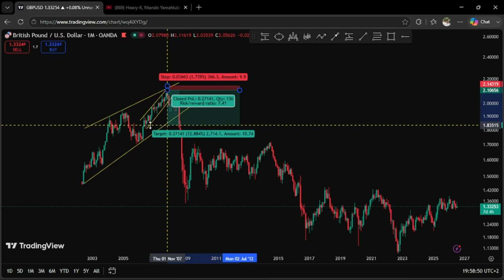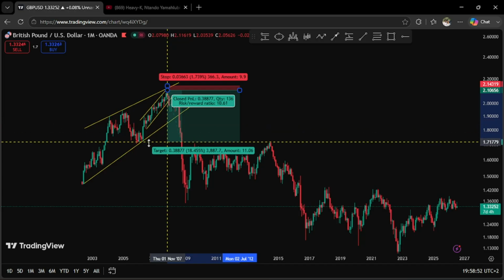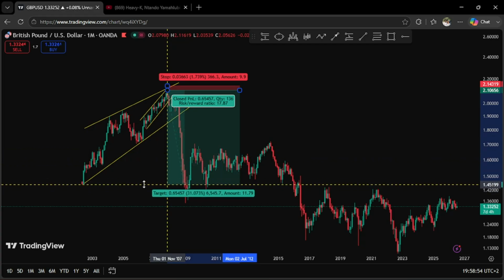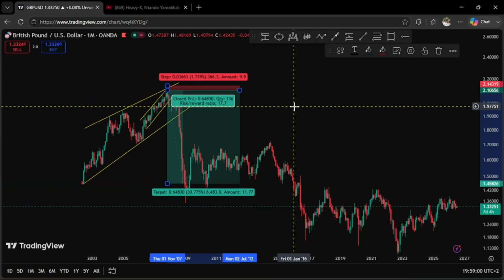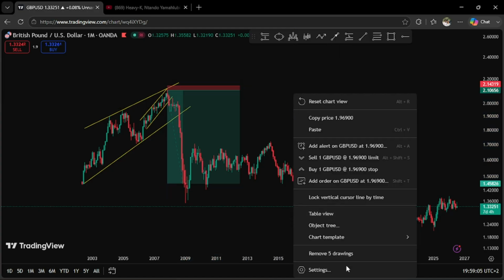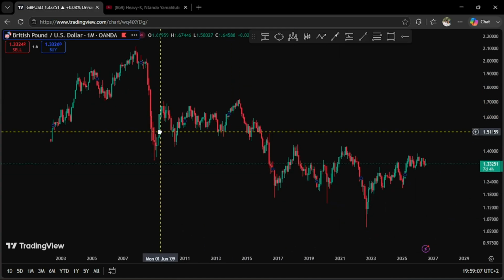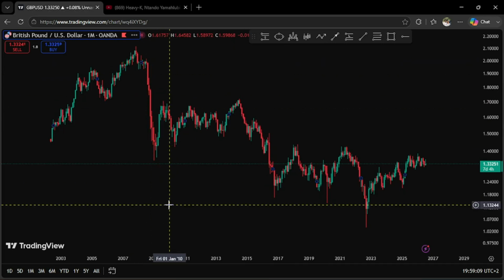You are enjoying 7.4 R, all this move would have made people mad. I wish I knew trading in 2008, but back then I was not even in grade 1, I was in pre-primary, and now I'm in varsity. Just imagine I would have made money from here.